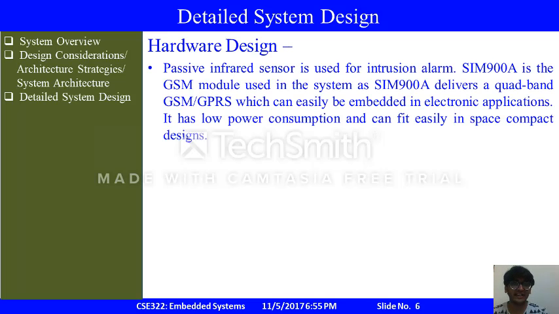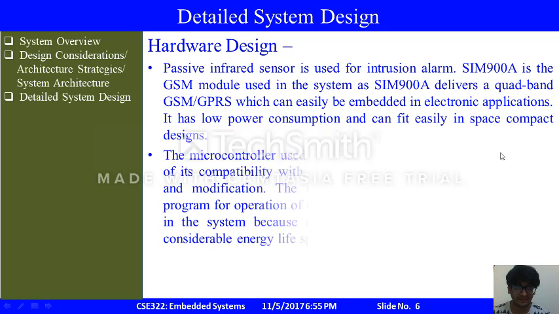The hardware design includes a passive infrared sensor, or PIR sensor, which is used for intrusion alarms. SIM900A is the GSM module used in the system, as SIM900A delivers a quad band GSM GPRS which can easily be embedded in electronic applications. It has low power consumption and can fit easily in space compact designs.